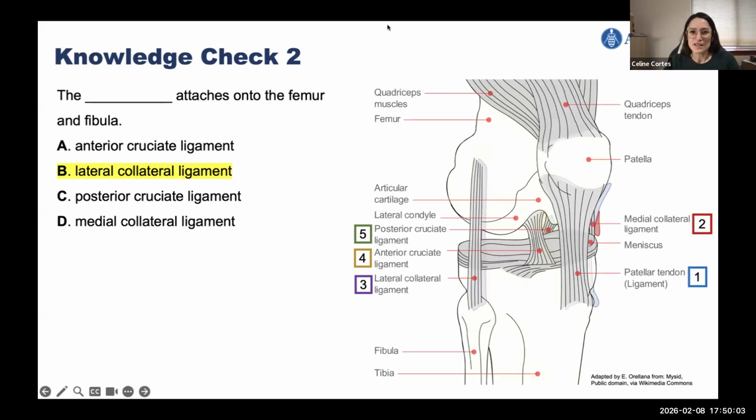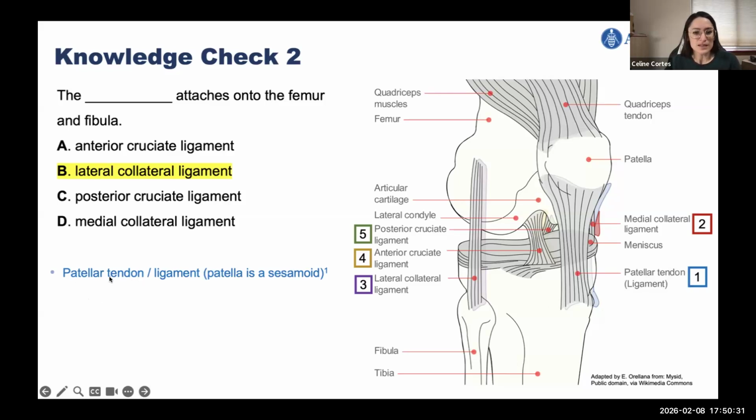A couple things, I'm just going to review some of these different ligaments going on here. I do want to start the review of these different ligaments of the knee and knee joint, and the patellar ligament is one of the major ligaments of this joint.